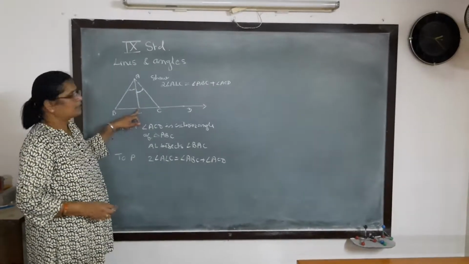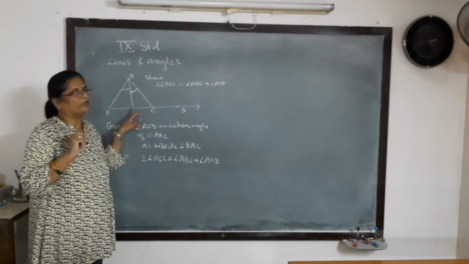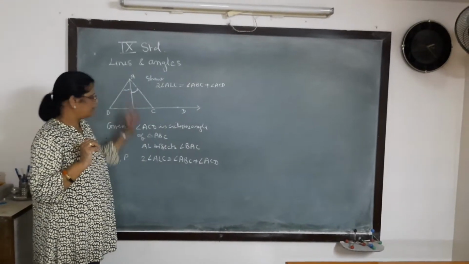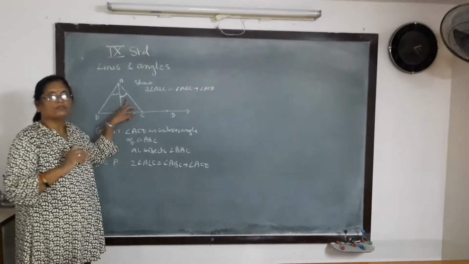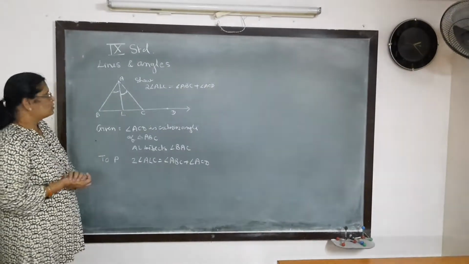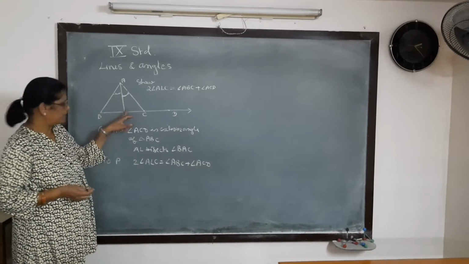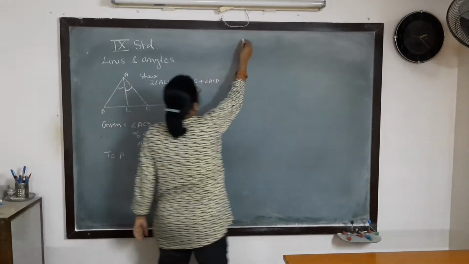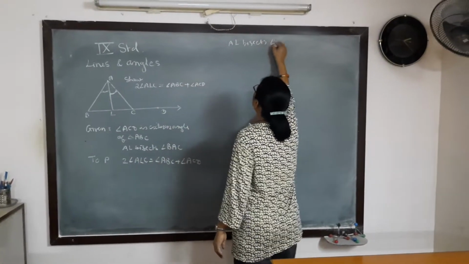Since AL is bisector, whenever there is a bisector, I always solve questions by taking the value as x. Why? Because these BAL, CAL and BAC are not required in the question. So if I take x, it becomes very easy to eliminate these angles whenever they appear. So we shall take the help of the exterior angle theorem. But before that, we shall start with the bisector. You know, AL bisects angle BAC.